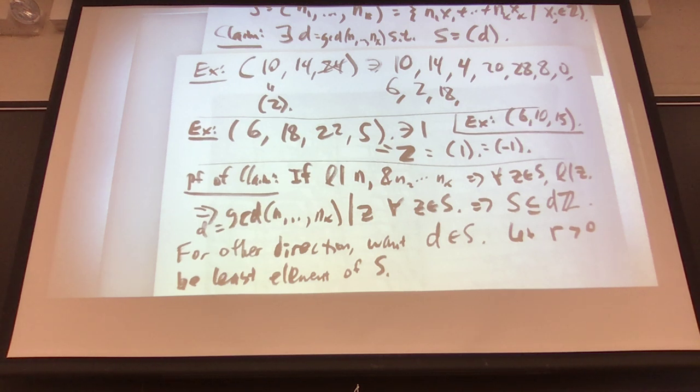You can show that the remainder is in S, but the remainder is going to be less than R, which is a contradiction, so the remainder has to be 0.